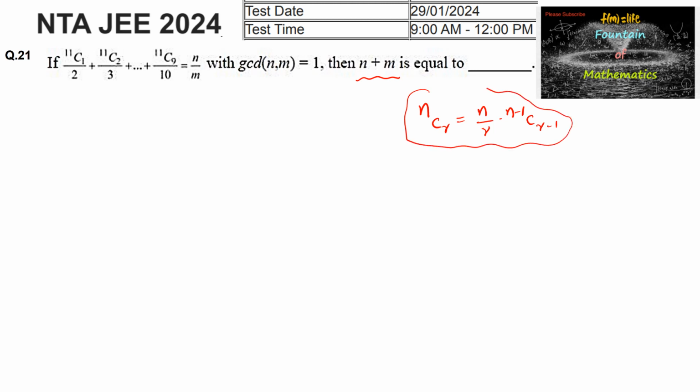So we can write here, consider 11C1/2 + 11C2/3 and so on up to 11C9/10.